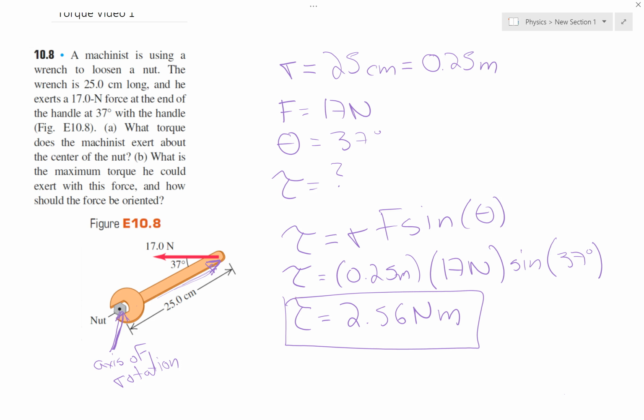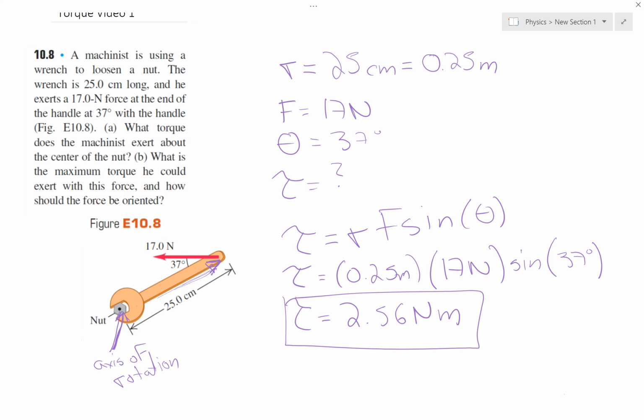That part's easy. Looking at part B, what is the maximum torque that this person could exert with this amount of force, and how should that be orientated? Well, we saw in the last couple examples that we produced the most amount of torque when the angle between the lever arm and the force vector was 90 degrees.